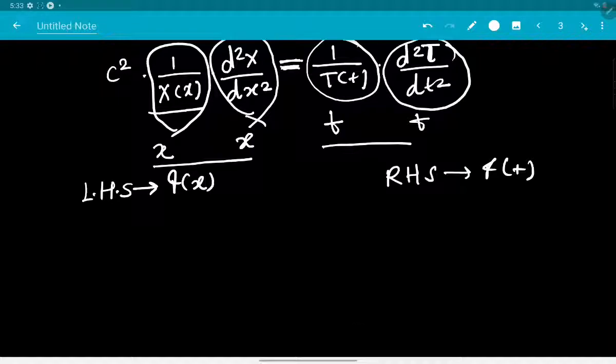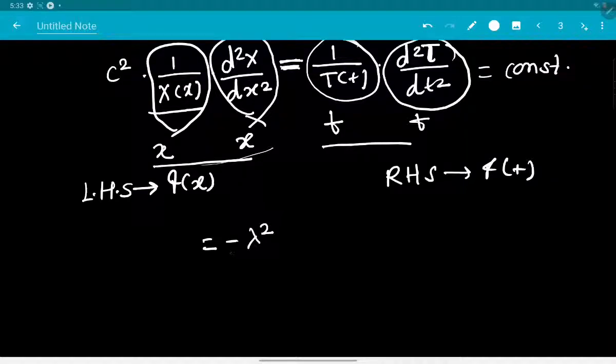So if it has to happen, if some function of x has to be always equal to some function of time, then this is possible only when both of them are constant. Both of them are equal, and they are equal to a constant. When they are equal to a constant value, then only it is possible, and it can further be shown mathematically, which we are not going to do in this particular class, but it can certainly be proven, that this should be equal to a negative number, and hence we'll be calling it minus lambda square.